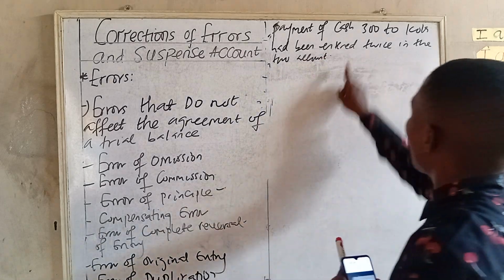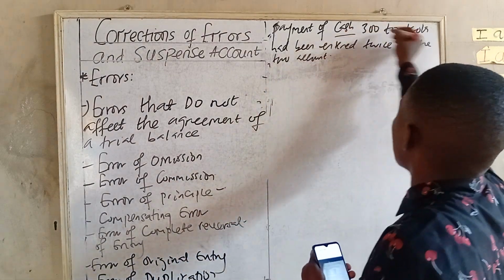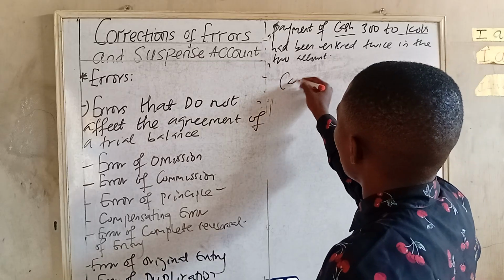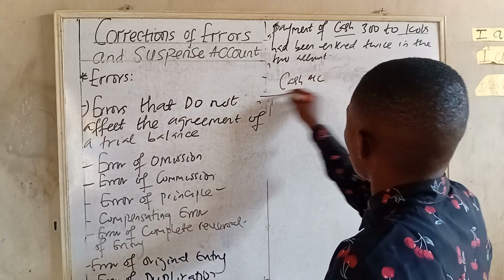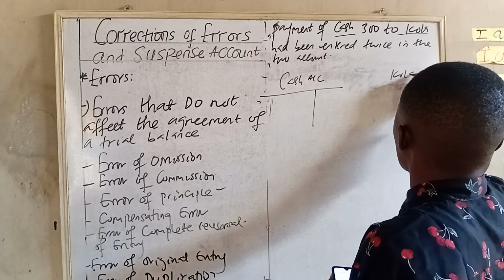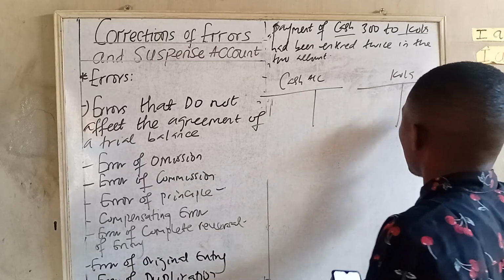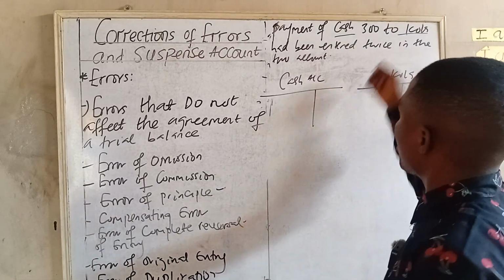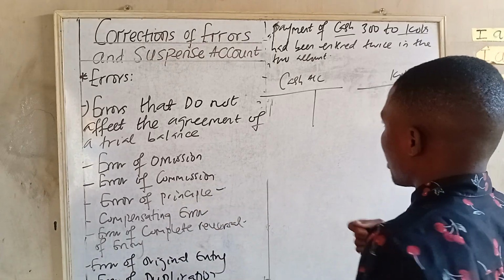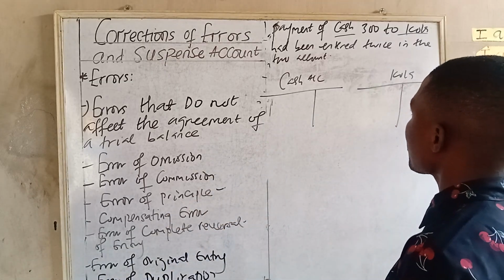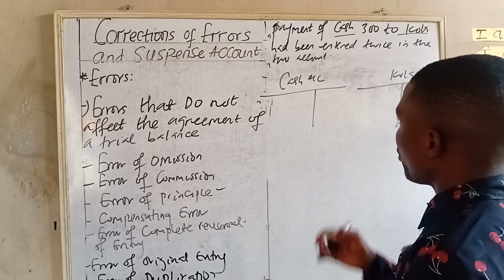So payment of cash to Caller. We have cash account and Caller's account. We come here, open cash account. Come here, open Caller's account. Are you with me now? We make a payment to Caller. We are paying cash, so cash is going out. We credit cash.